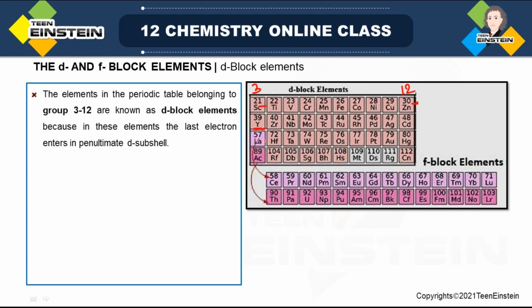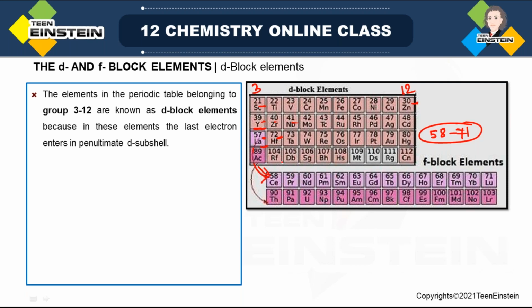Now in the fifth period also see 39, 40, so it is gradual. But when you are now here after 57, it is 72. That means starting from 58 up to 71, all these 14 elements that you will find here are basically the 4f block elements.